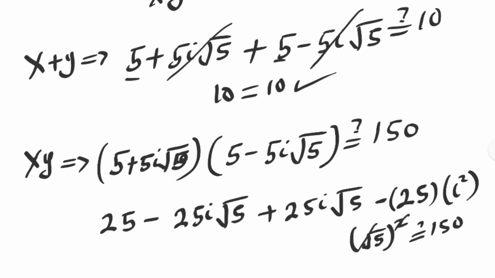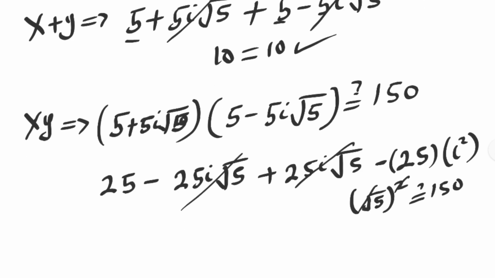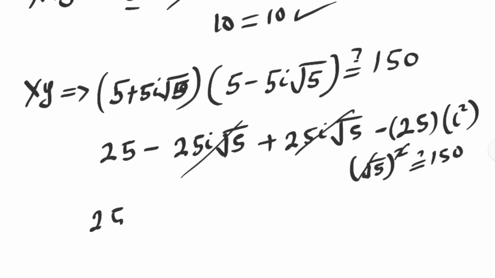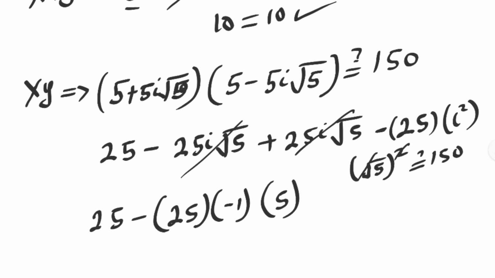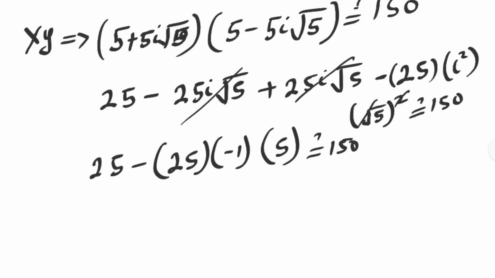This cancels this, square root. This cancels this. 25 minus 25 multiplied by i squared, which is minus 1, multiplied by 5, must be equal to 150. 25 times minus 1, that is minus 25. Then times, this is minus 1 too.